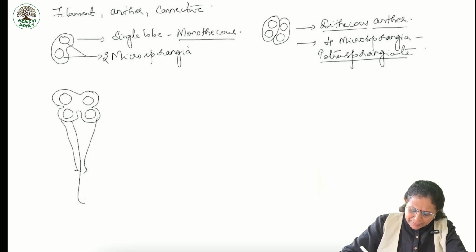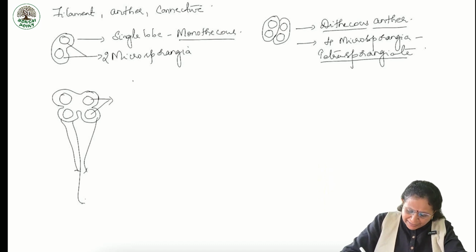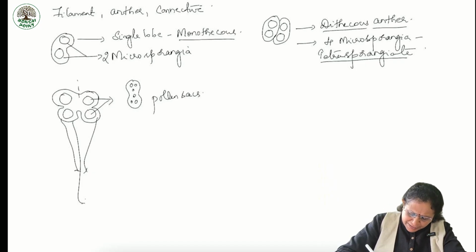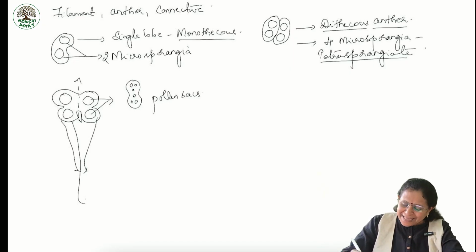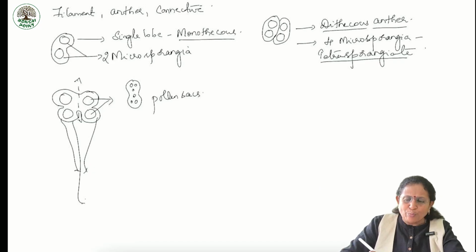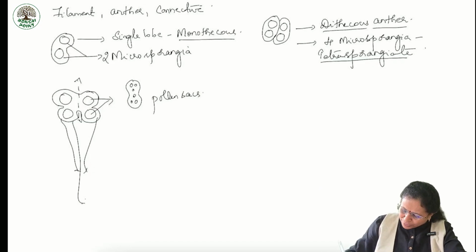Please remember, these microsporangia later at maturity join to form pollen sacs. After the formation of pollen grains, they join to form pollen sacs. That is, in each lobe there are two, so two of them join to form a pollen sac. One pollen sac here, one pollen sac there. Thereby, I said two pollen sacs. Totally, we say it is two pollen sacs.